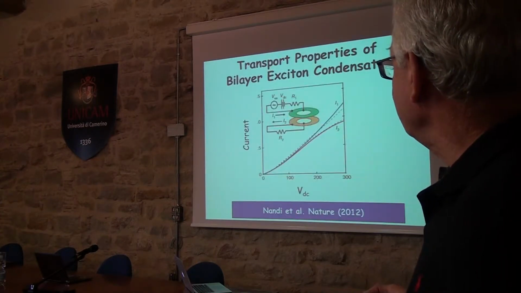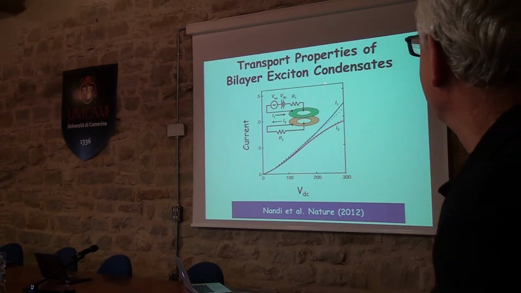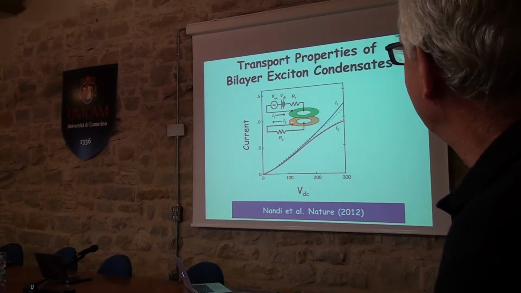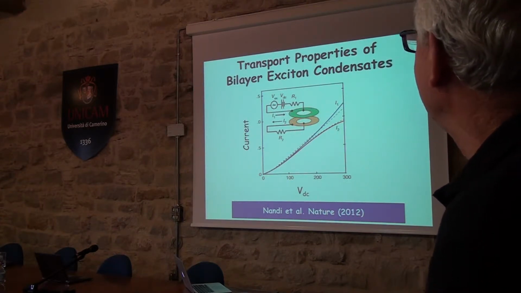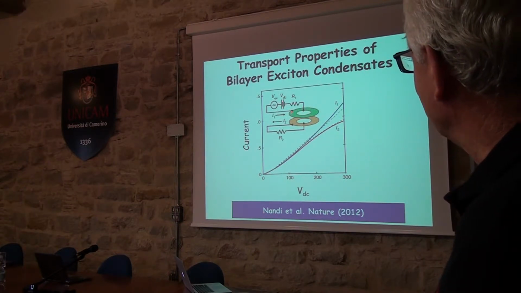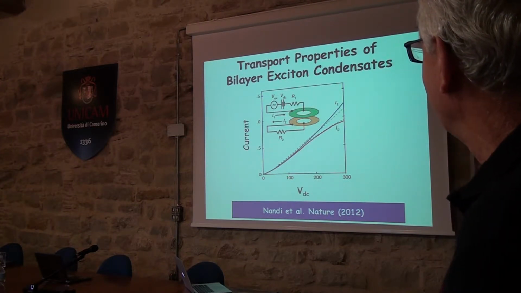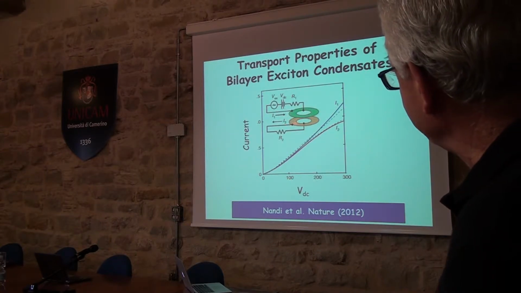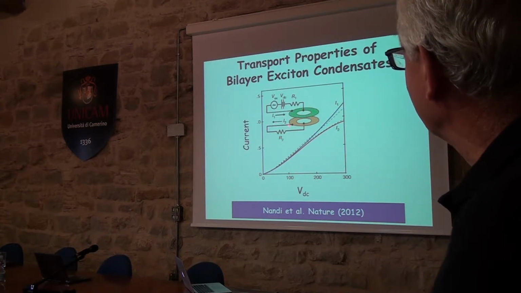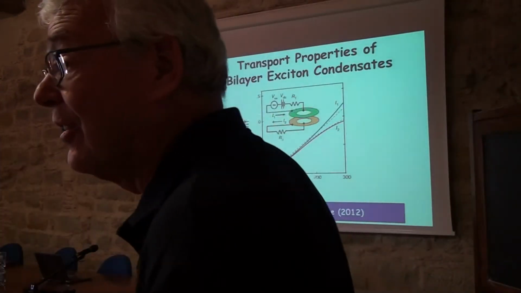Okay? So, for example, this is an experiment that observes this phenomenon most directly. Here are the two layers again. A bias voltage tries to drive current in the top layer from the outside to the inside. If there's no wire connecting outside and inside on the bottom, then hardly any current flows.